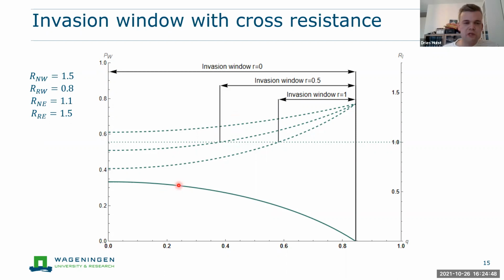Only if there's no cross resistance, so that it doesn't matter at all whether an animal is already infected with another type, can the mutant infect all hosts susceptible to the mutant, so also the ones infected with the wild type. So this cross resistance is important to account for, because if you don't, you probably underestimate the width of the invasion window.